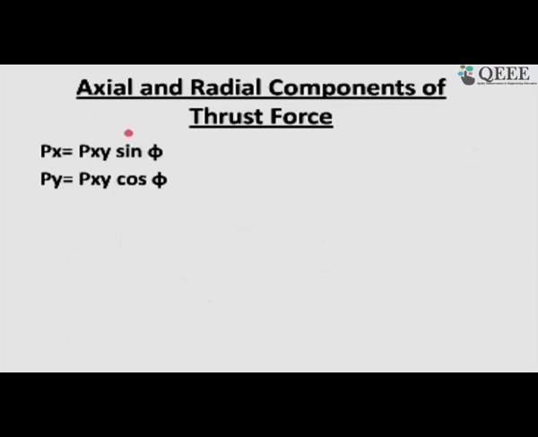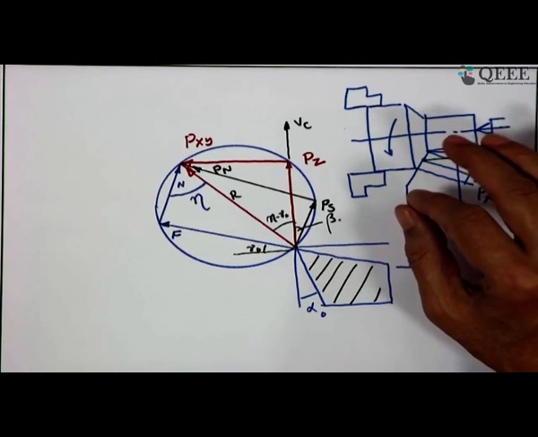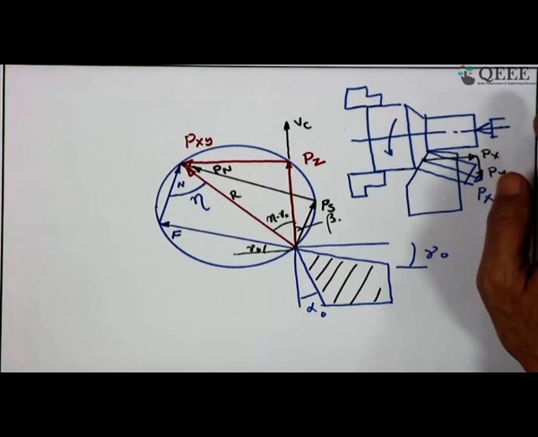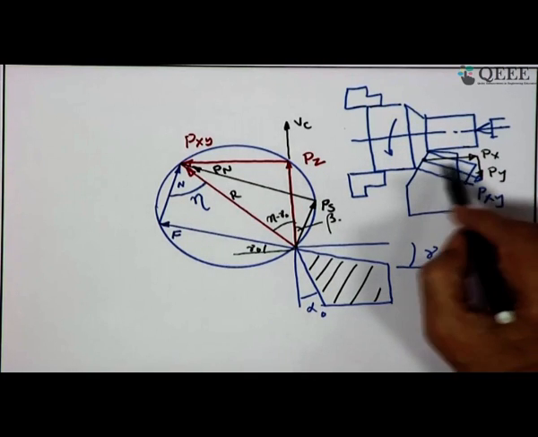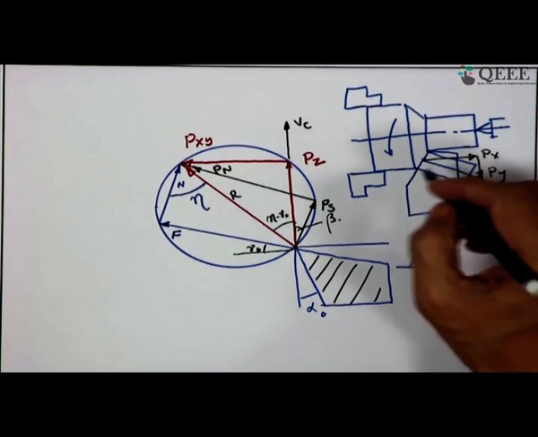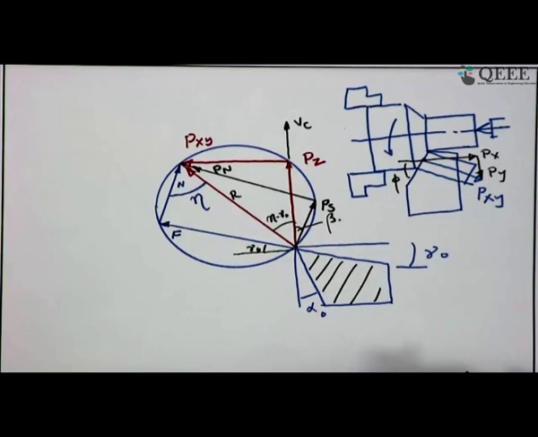This part already I have shown you. If you have followed the drawing just now, I have completed that Px and Py, these are the two forces, these are the combination of this. So, these are the combination of this Px and Py. So, Pxy. Now, it is obvious that this angle is phi, principal cutting edge angle.